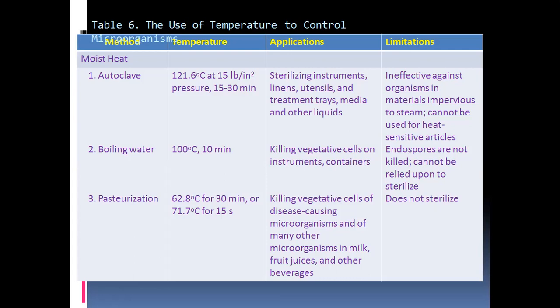If you have noticed various ads like Milk Pack, Nestle Milk Pack, they say that this is pasteurized milk. So pasteurization is this very process in which high temperature is applied for a few minutes, like 71 degrees for 15 seconds, and it will kill even the vegetative cells of the microorganisms. Clear? So its limitation is that it does not sterilize.